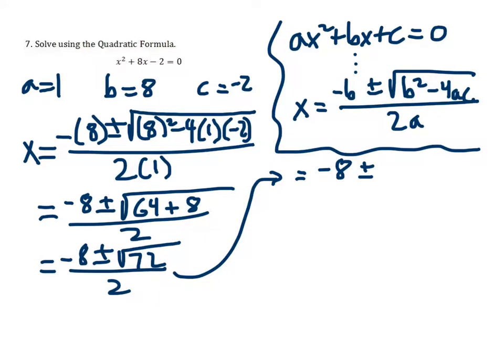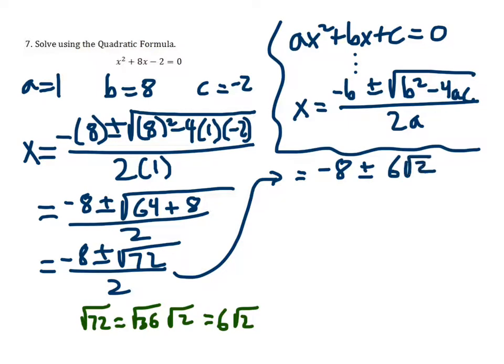Just a quick review here, the square root of 72 is the square root of 36 times the square root of 2. We know the square root of 36 is 6, and the square root of 2 we leave alone. So we're going to rewrite the square root of 72 as 6 square root of 2, all over 2. And now this 2 can divide both terms.